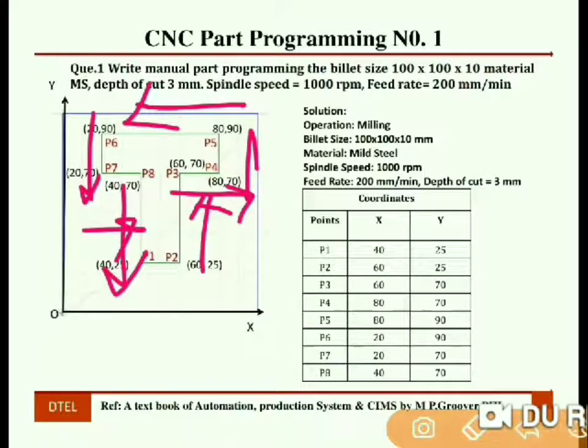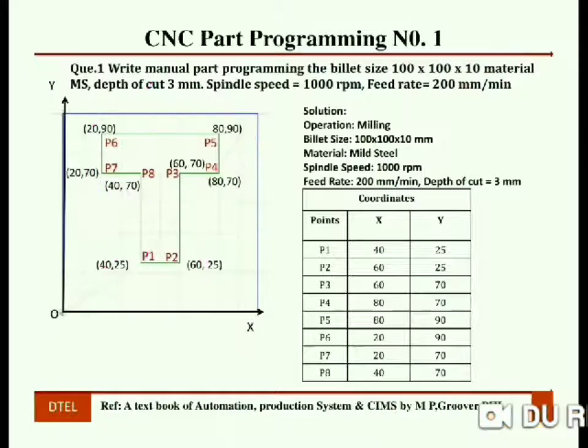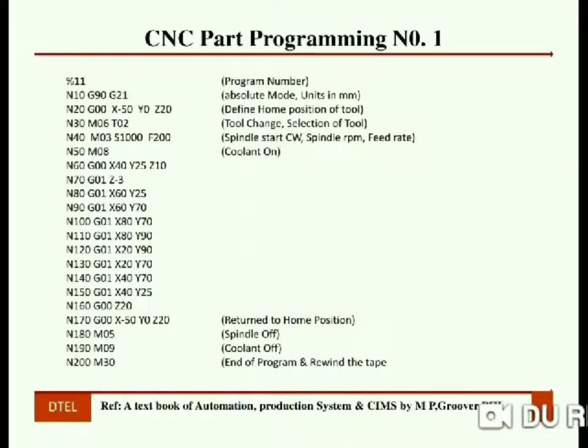You have to complete one loop. So in this program, from the N80 statement to the N150 statement, all are in linear interpolation with their desired positions, dimensions, X and Y position and also Z position.